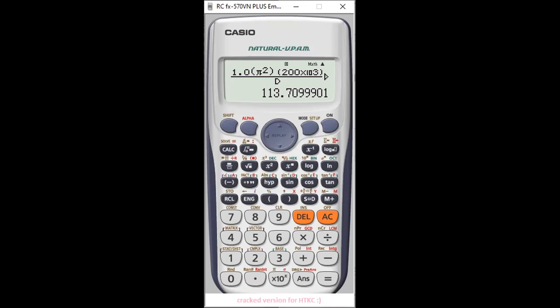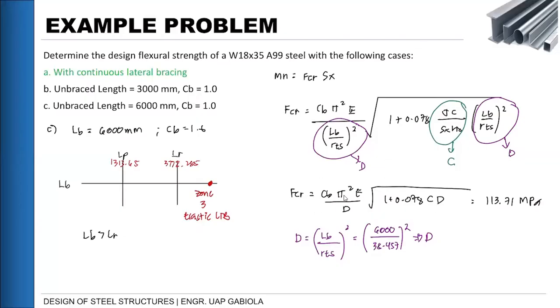So, going back sa PowerPoint. Okay, so yung nilagay natin sa calculator, galing yun dito, no?